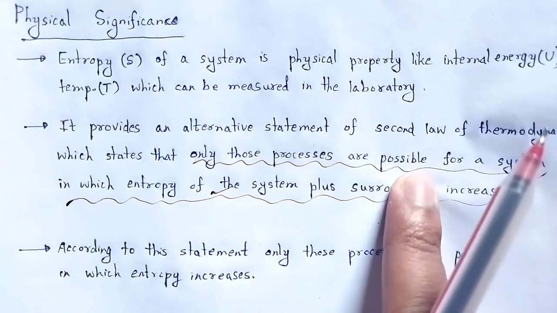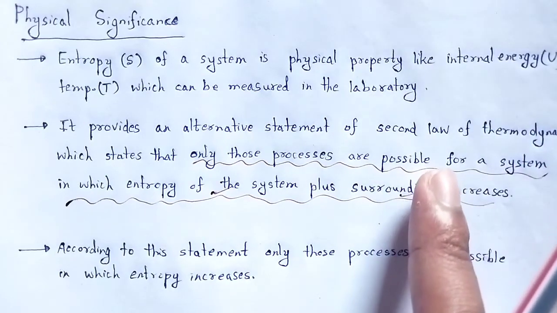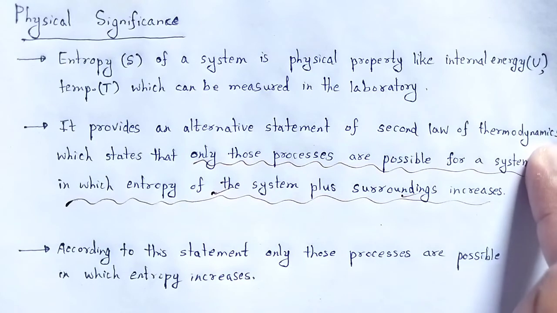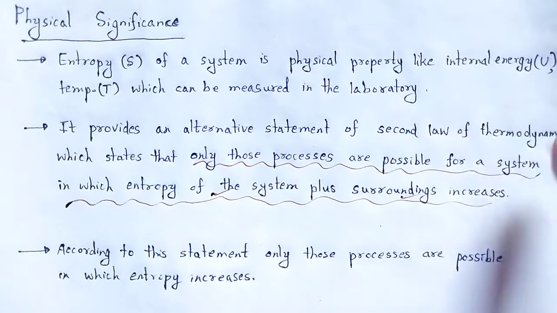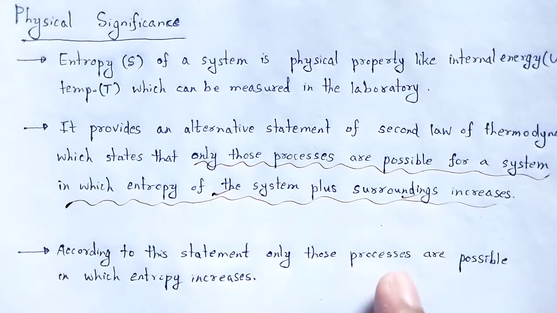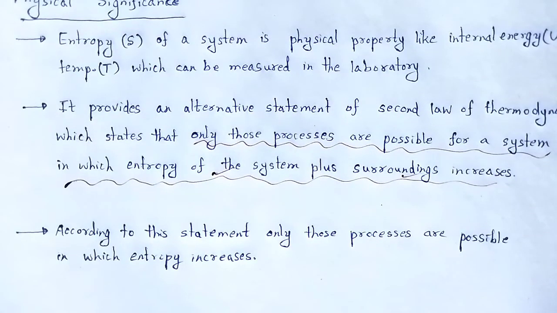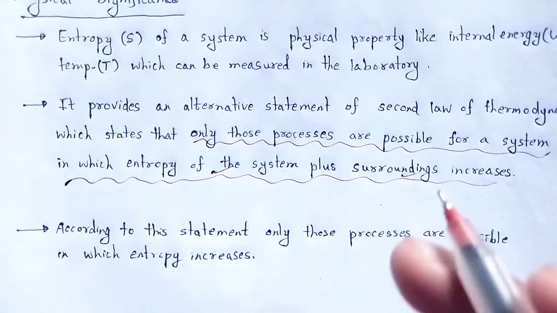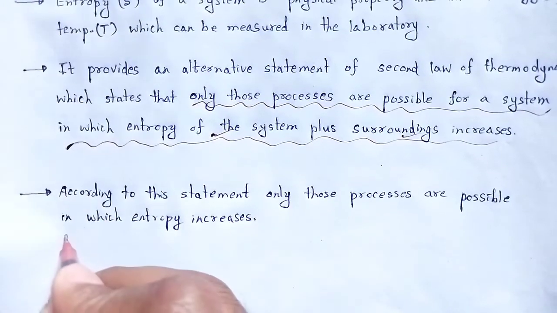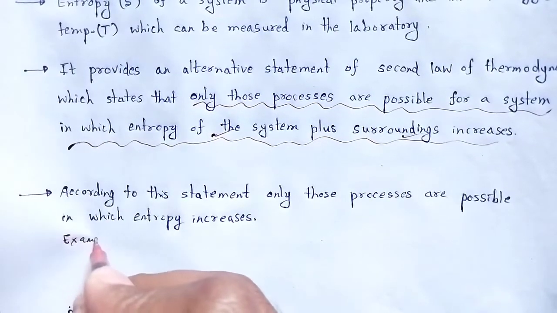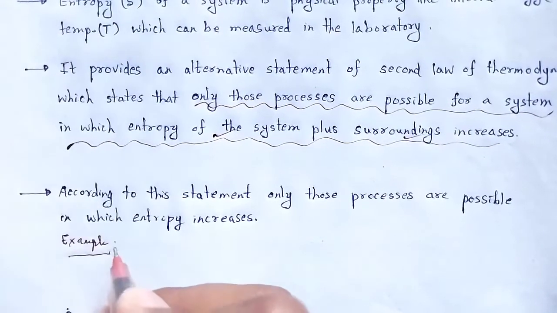So this is how entropy helps to describe the second law of thermodynamics. According to this statement, only those processes in which entropy increases are allowed. Let me give some examples in which that principle holds good.